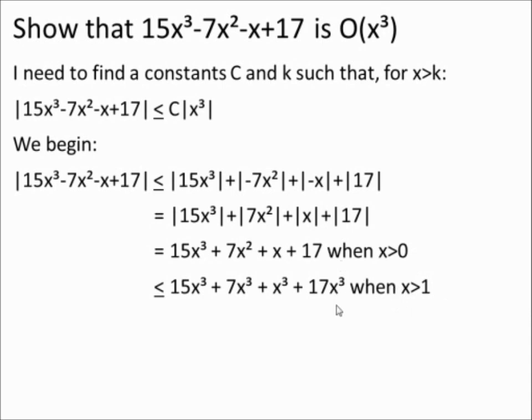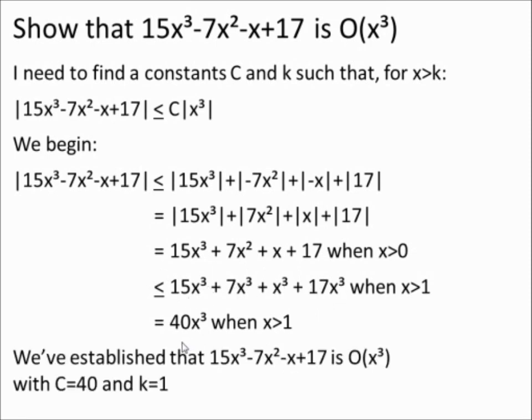And 17 is less than or equal to 17x cubed whenever x is greater than 1. Okay? And this right-hand side simplifies: 15 plus 7 plus 1 plus 17 is 40. So there you go. I've established that 15x cubed minus 7x squared minus x plus 17 is big O of x cubed with c equal to 40, okay, and k equal to 1.